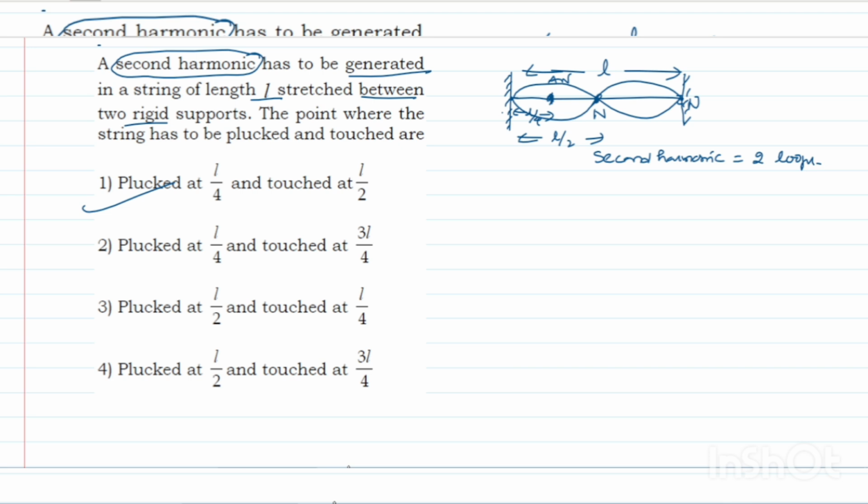The node point will be from the fixed point at L by 2 distance, and the antinode will be at L by 4, and the next antinode at 3L by 4, and the node points will be at L by 2 and L. So the suitable answer is plucked at L by 4 distance and touched at L by 2 distance.